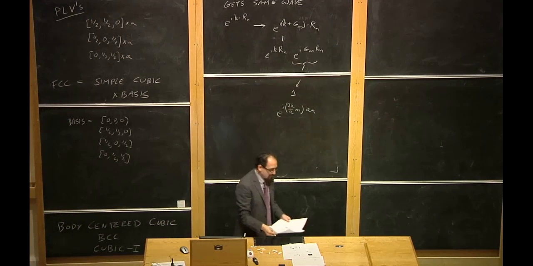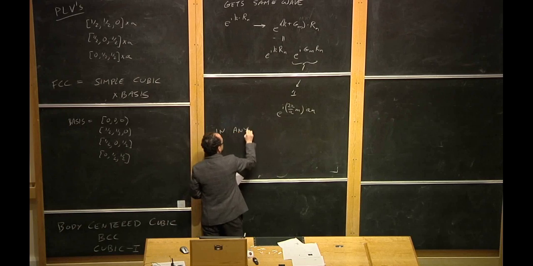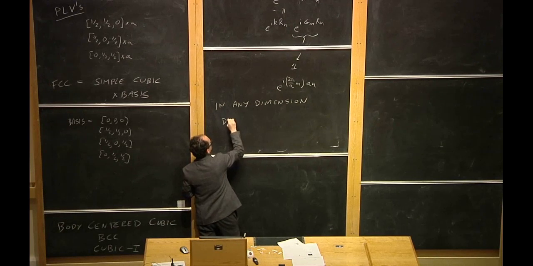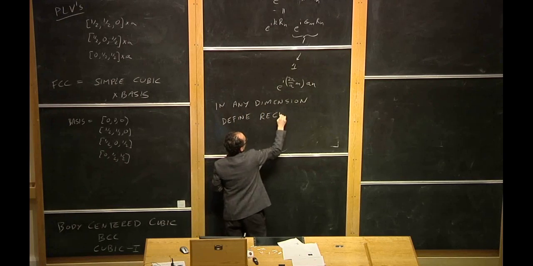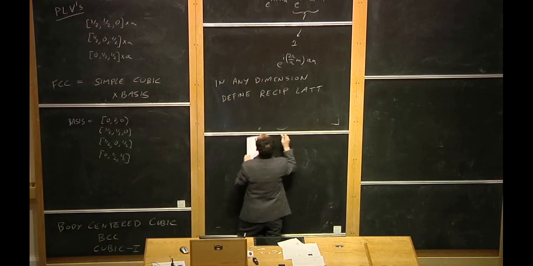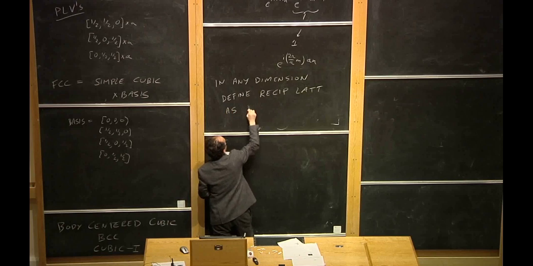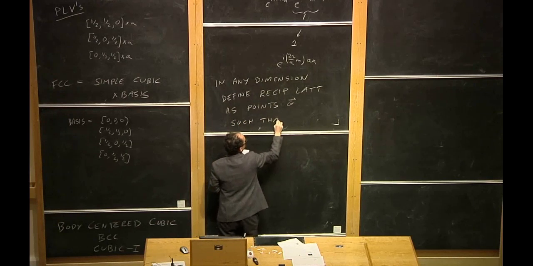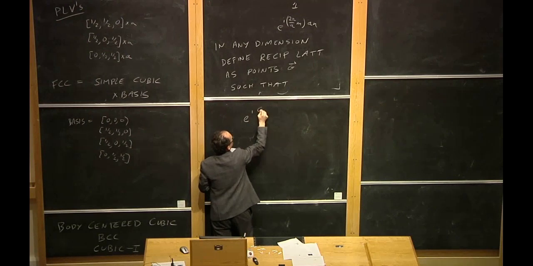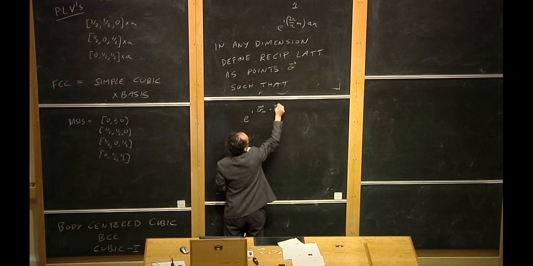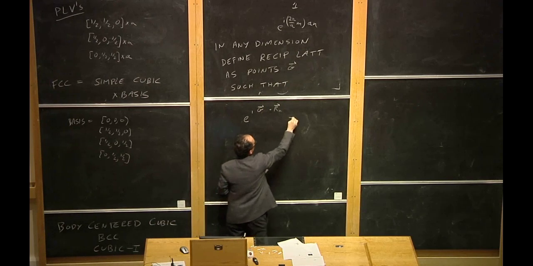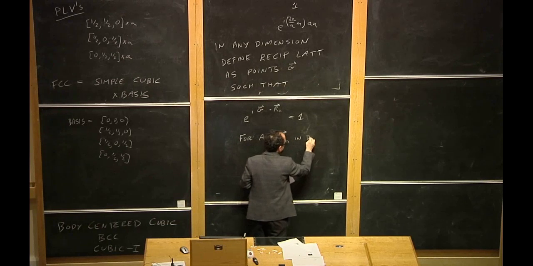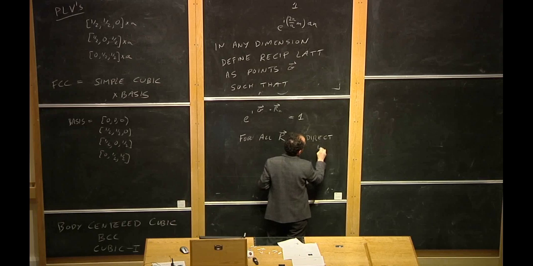So we're going to generalize that into more dimensions. In any dimension, we define the reciprocal lattice via points G vector such that e^{iG·R_n} equals 1 for all R_n in the direct lattice.